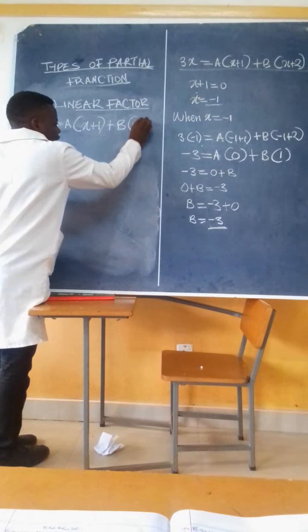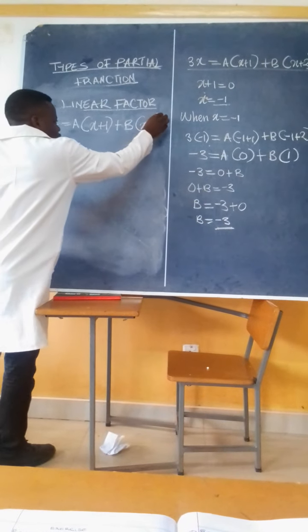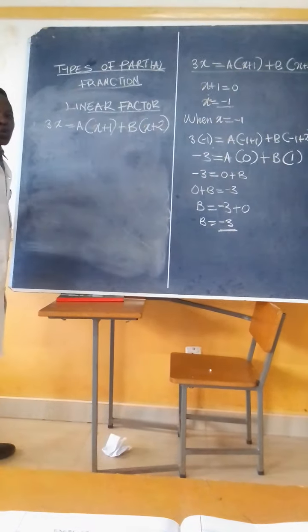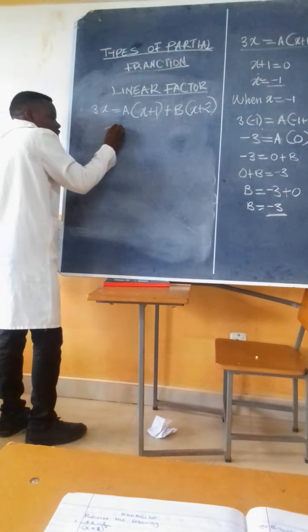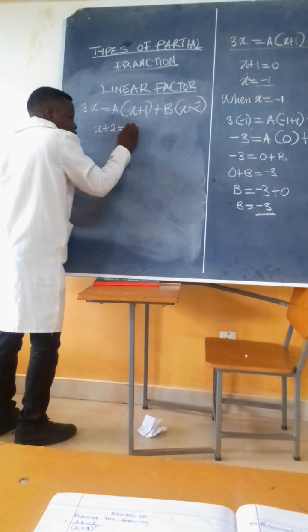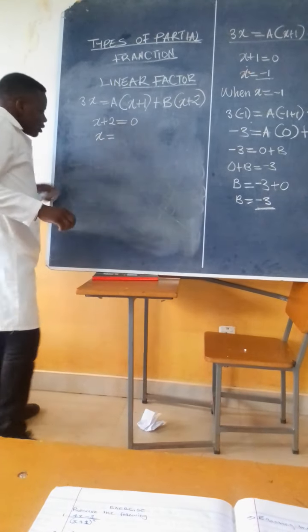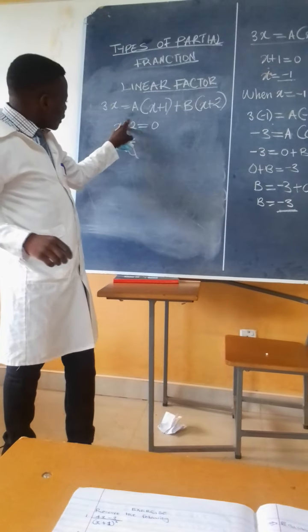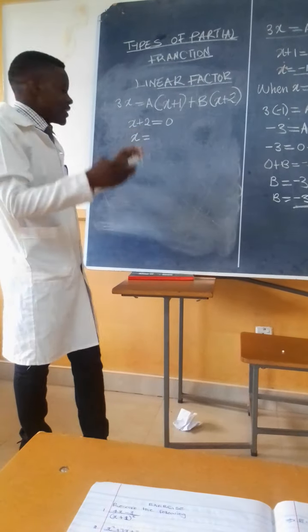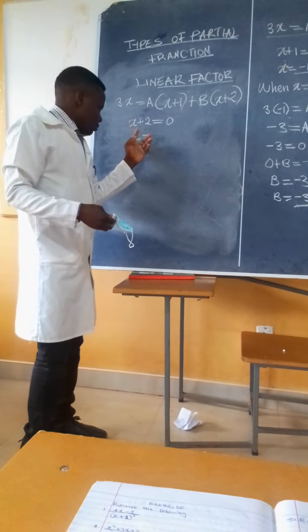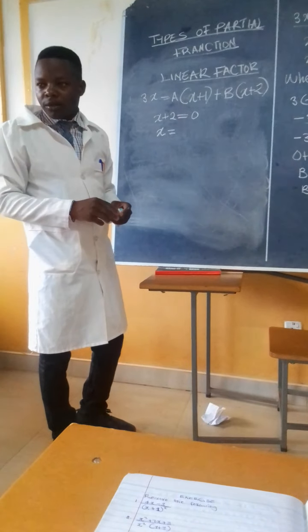So I'm going to equate this x + 2 to 0. We can simply say x + 2 is equal to 0, meaning x is equal to this positive 2. Immediately it goes to the other side, it will gain a certain sign. What is that sign?